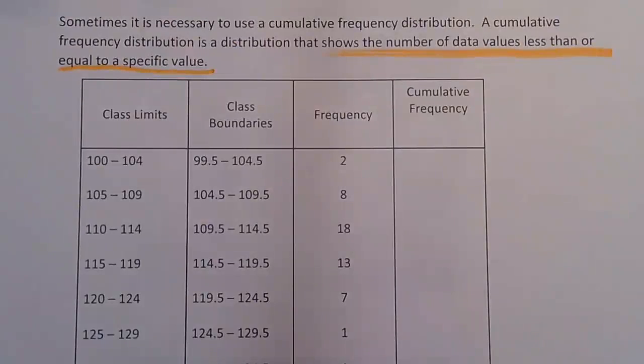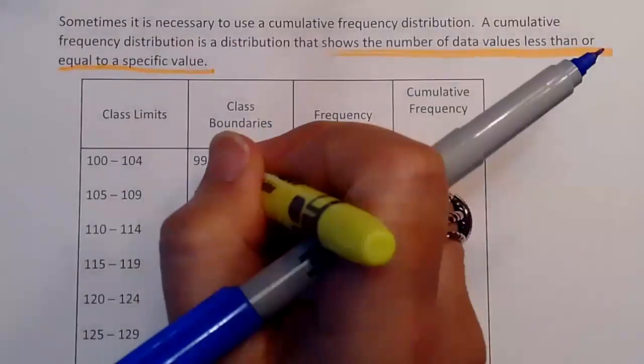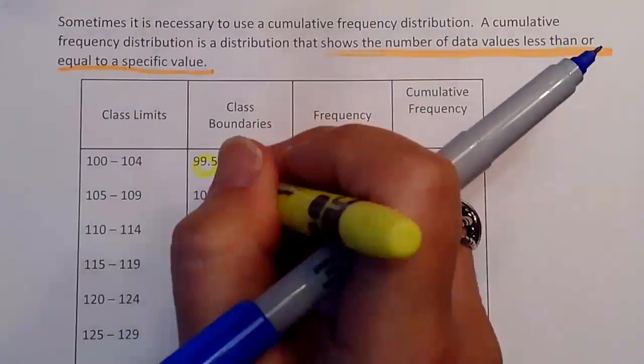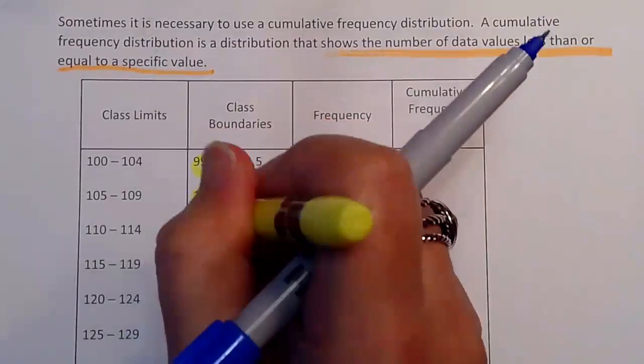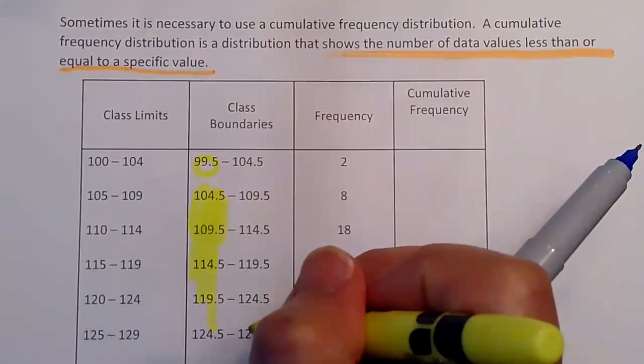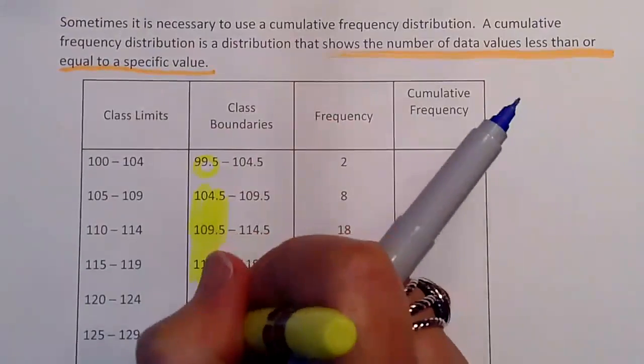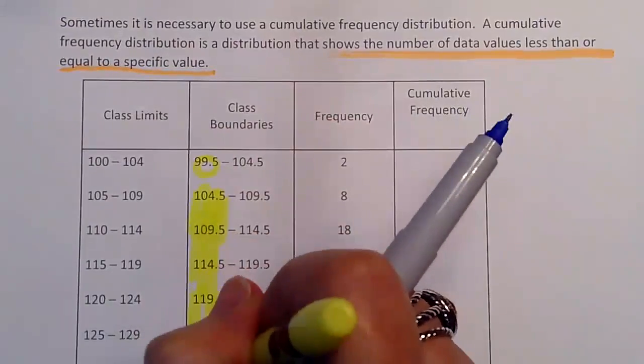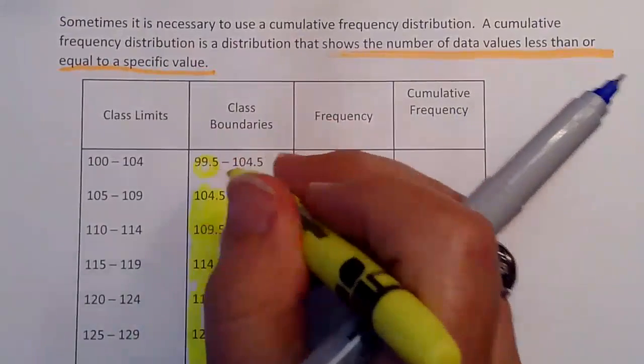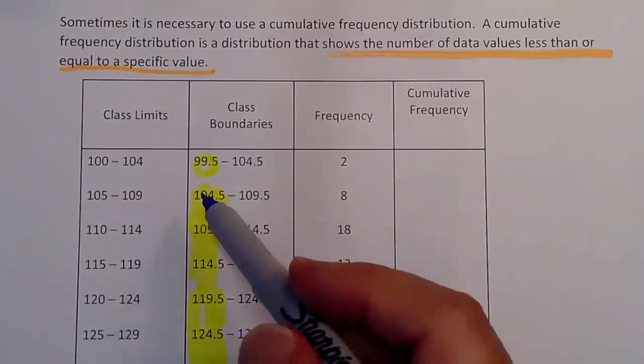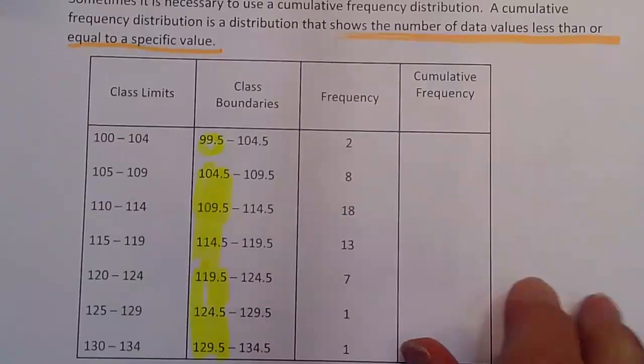Okay, so I'm going to highlight these numbers here. Usually when they say the number of data values less than or equal to a specific value, they're referring to these lower class limits here. Okay.